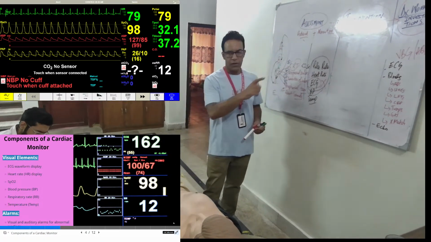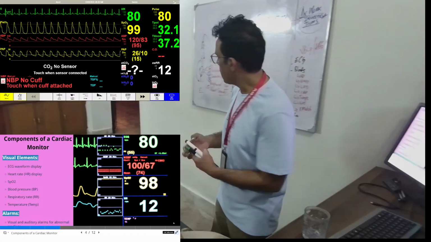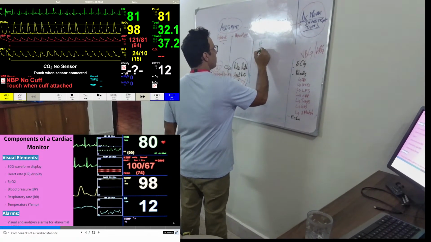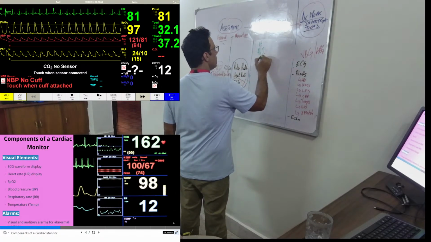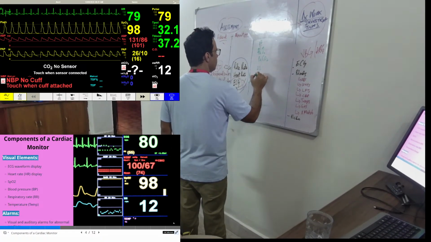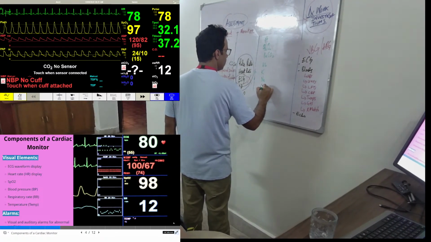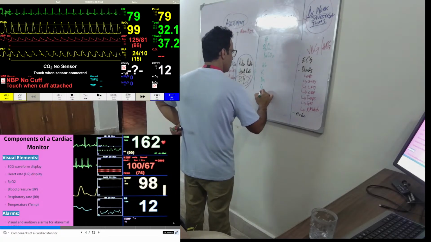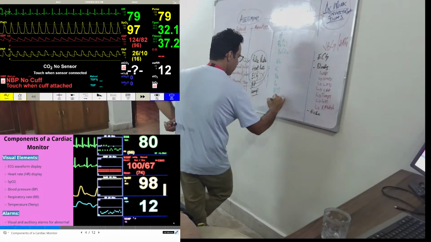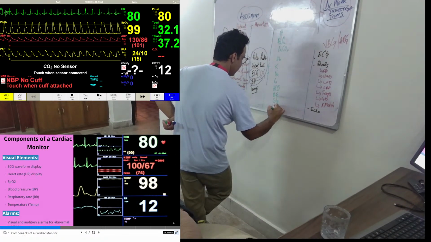The VBG is an instant investigation, it gives the results instantly. There are parameters that you will find: pH, PaO2, PaCO2, Hb, potassium, sodium, calcium, magnesium, bicarbonate, and base excess, and glucose, lactate.